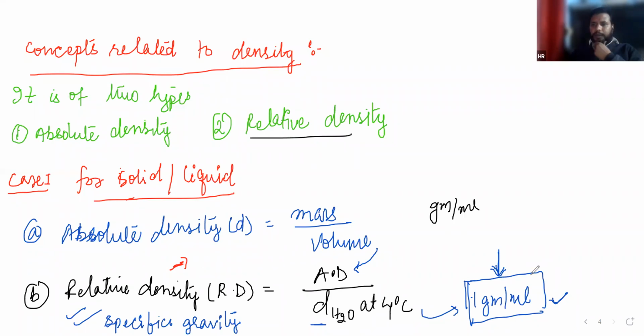It will be unitless, because in the numerator it is absolute density, and in the denominator it is also density, so it will cancel out. But absolute density has a unit, which is gram per ml.